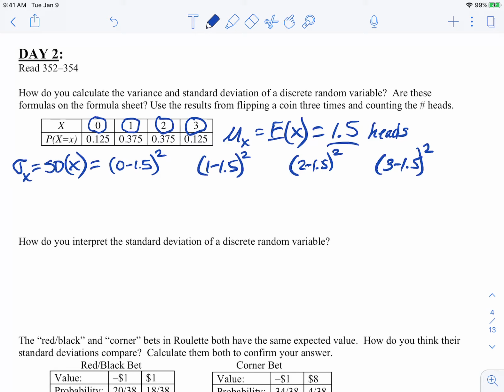So what we do is we take each of these differences squared and multiply it times the probability of that thing happening. So if the probability of 0 happening was 0.125, the probability of 1 happening was 0.375, the probability of 2 happening was 0.375.